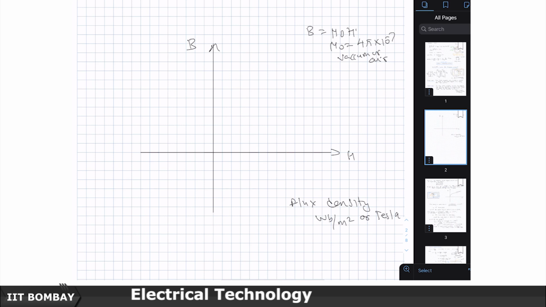Vacuum or air have basically the same permeability, and this constant is really small. So whatever I have drawn here is kind of exaggerated only. The constant is really small, 4 pi into 10 to the power minus 7, and this is the slope of the BH line.